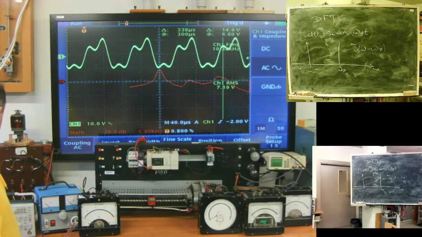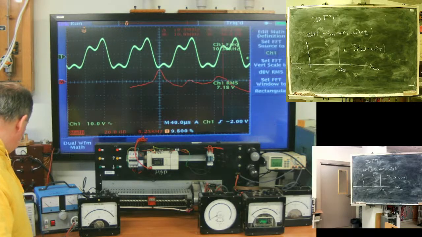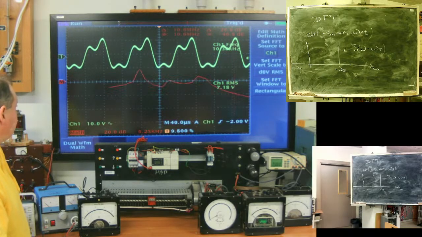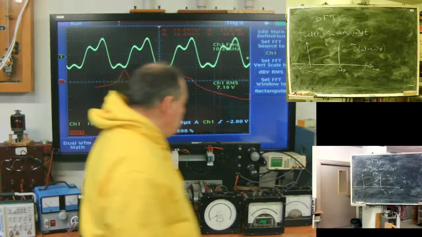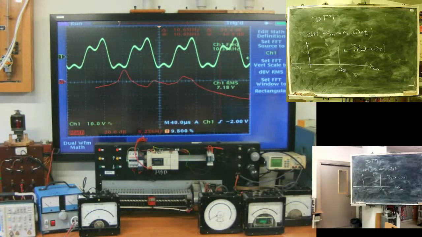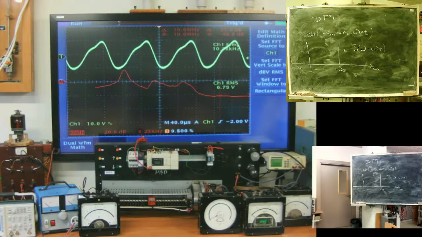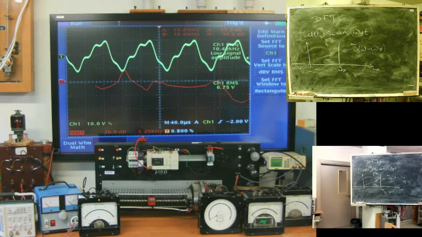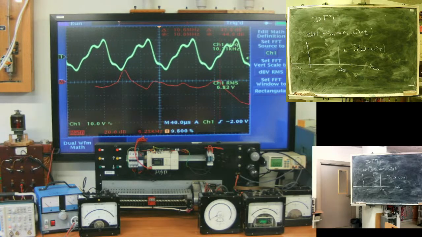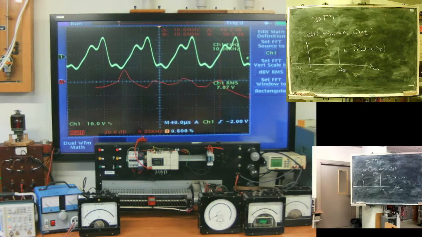Sampling table shorter, without second harmonic, only with third. With second harmonic. Where is my second harmonic? I can detect it.